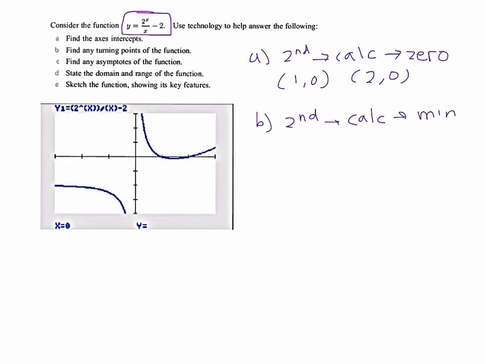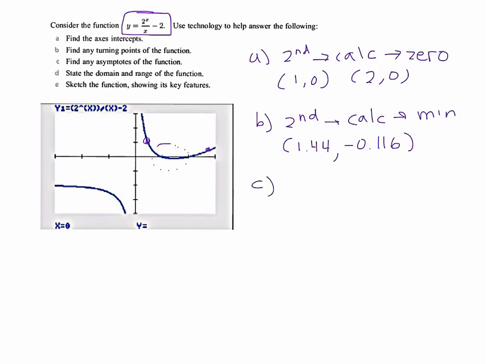Then you're going to click somewhere on the left side of the minimum, because we know minimum happens somewhere around here, not knowing exactly where, and click somewhere here. So once you do that, you get a local minimum of 1.44 and negative 0.116.